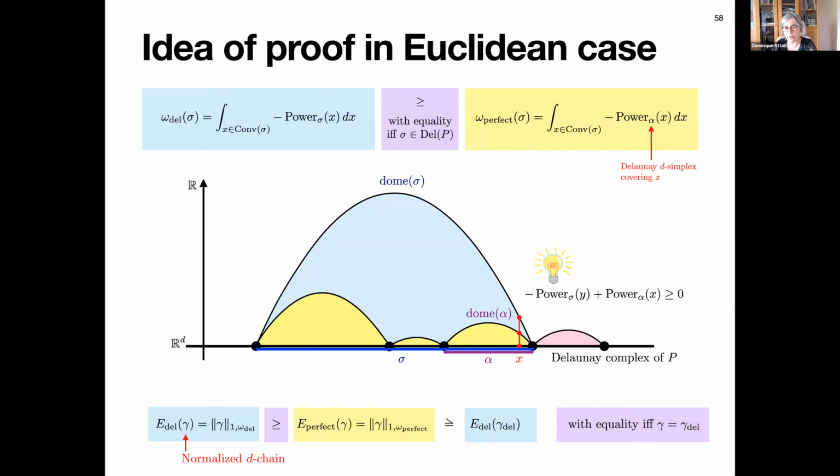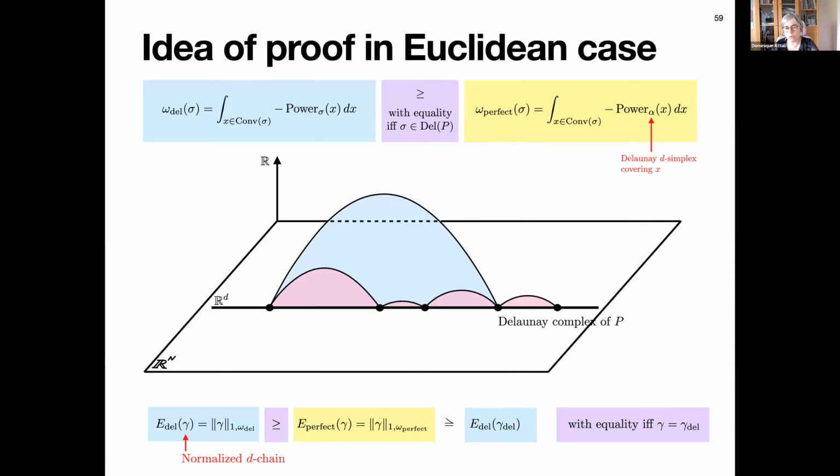So now, how to extend this when we are not in the Euclidean case? In the Euclidean case, you have points that are on a d-flat in some high dimensional space R^n, and you have the Delaunay complex there.